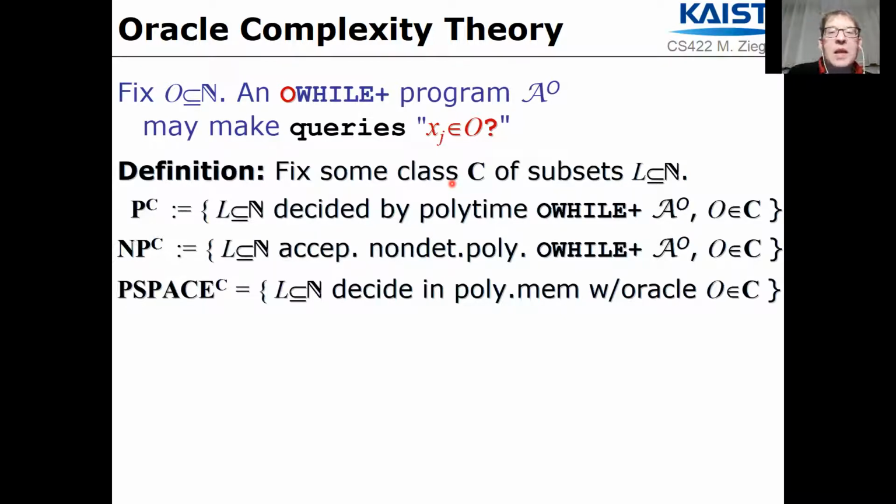And you have no idea how that works inside. It's a black box, but these black box queries are captured by such oracle while plus programs. Another motivation is Alan Turing's PhD thesis, written under the supervision of Alonzo Church, which also considered oracle Turing machines, as we would nowadays say, and in this course we say oracle while plus programs.